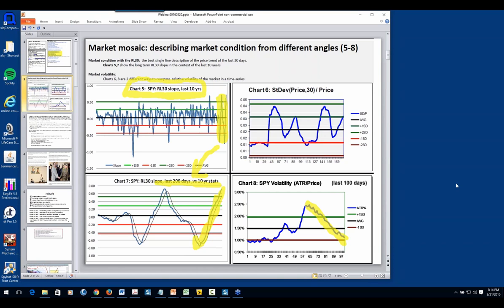There is a strong inverse correlation between volatility and price moves. And by the same token, this spike in volatility here is what caused these negative waves here.